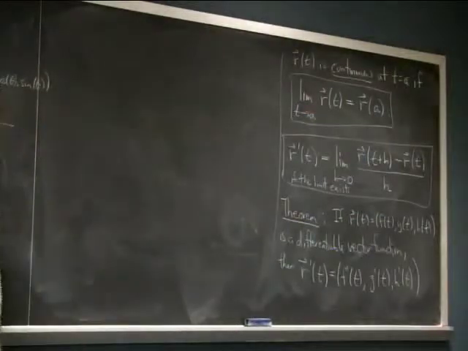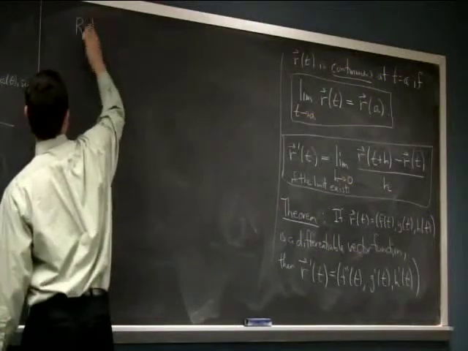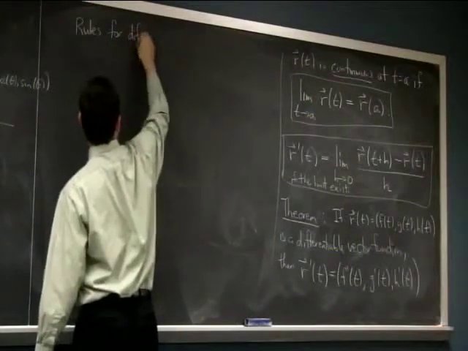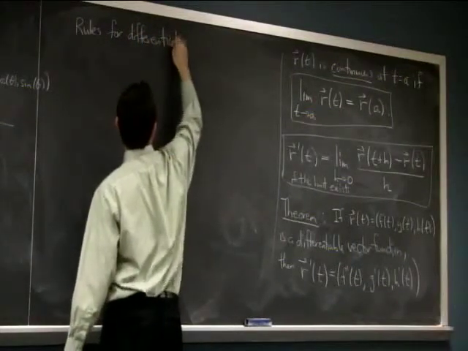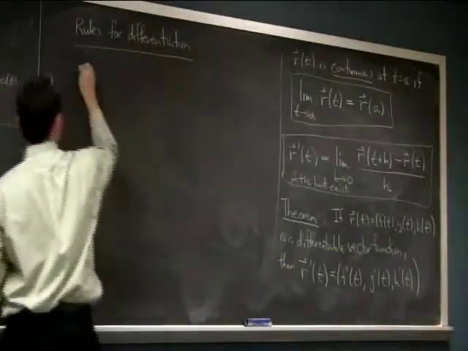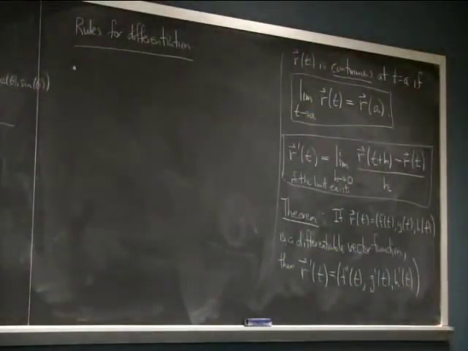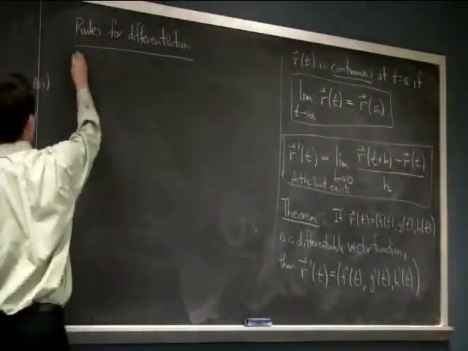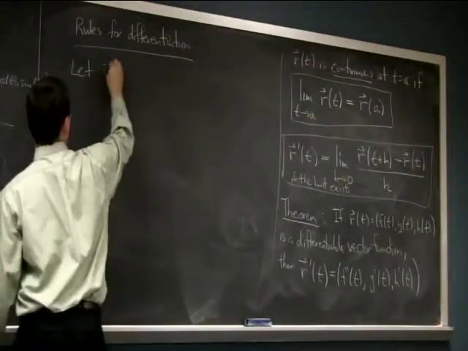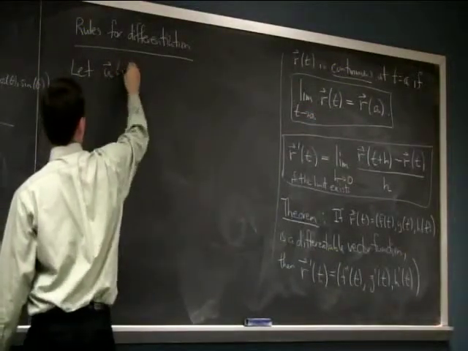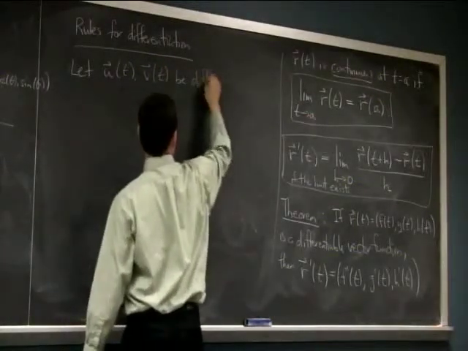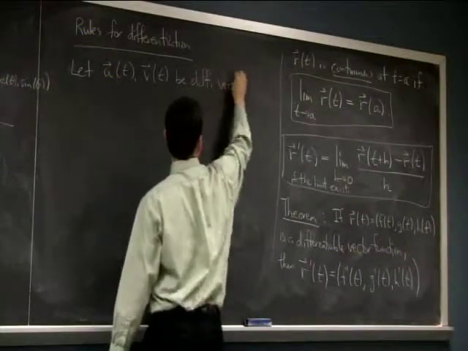Okay. So let me write down some of the rules for differentiation. And these rules you're going to prove on the homework. I won't prove them here. So the first one, well, okay, let me set it up. Let's let u of t and v of t be differentiable vector functions.